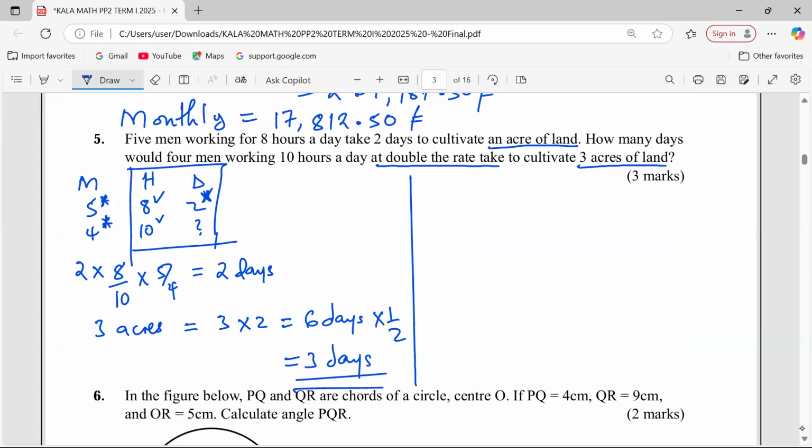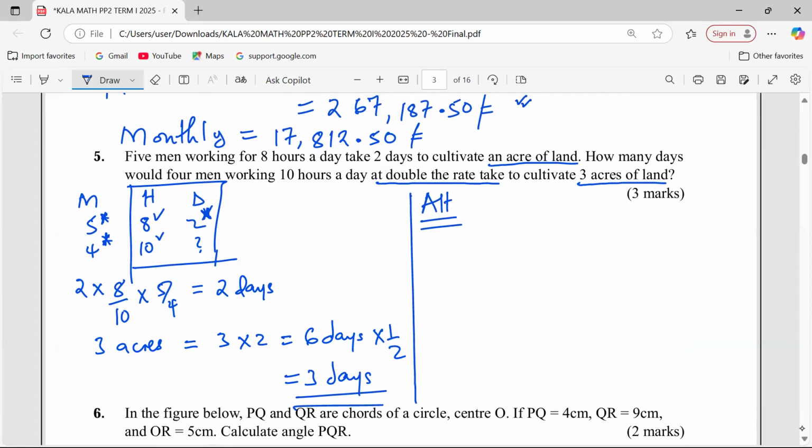Alternatively, we have again 5 men, hours, and days. 5 men working 8 hours take 2 days.